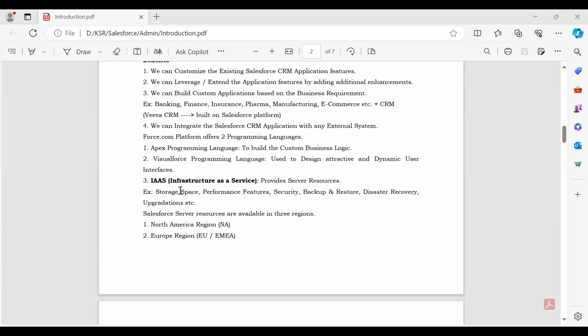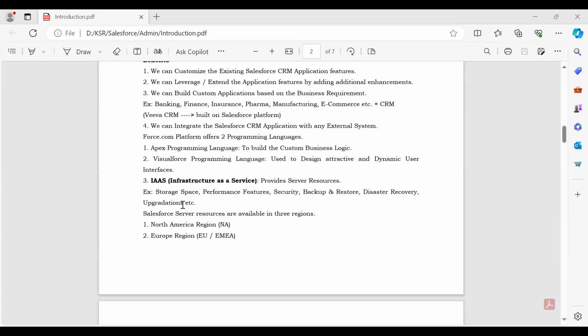For example, storage space, performance features, security of your data, backup of your data and restore as well, disaster recovery. That means in case of any disaster, recovery of your data, upgradations, everything will be provided as part of this infrastructure as a service cloud computing model.